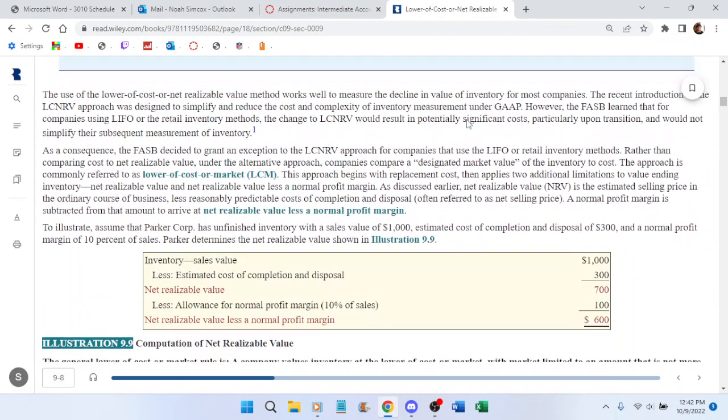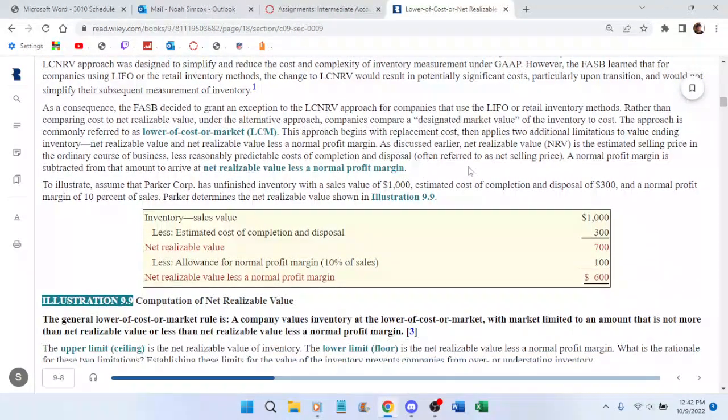Okay, here is lower of cost or market. Unfinished inventory with sales value of 1,000, estimated cost of completion and disposal of 300, normal profit margin of 10% of sales.